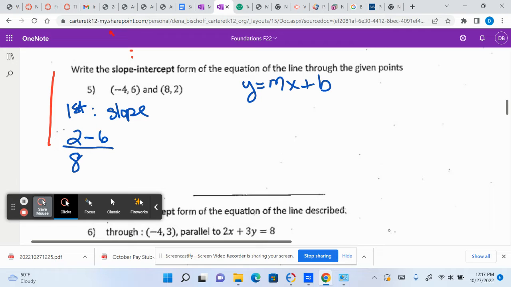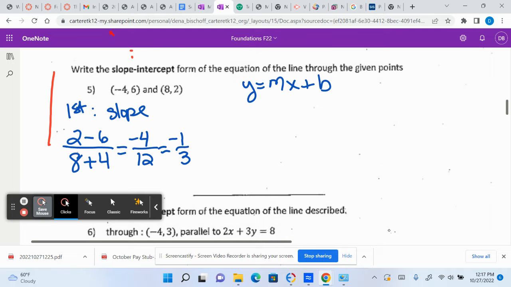If you start with the 2, which is the second point, you have to start with the x coordinate, which is also the second point. 8 plus 4, because minus and negative becomes plus. So 2 minus 6 is negative 4. 8 plus 4 is 12. That reduces to a negative 1/3. That's my slope.